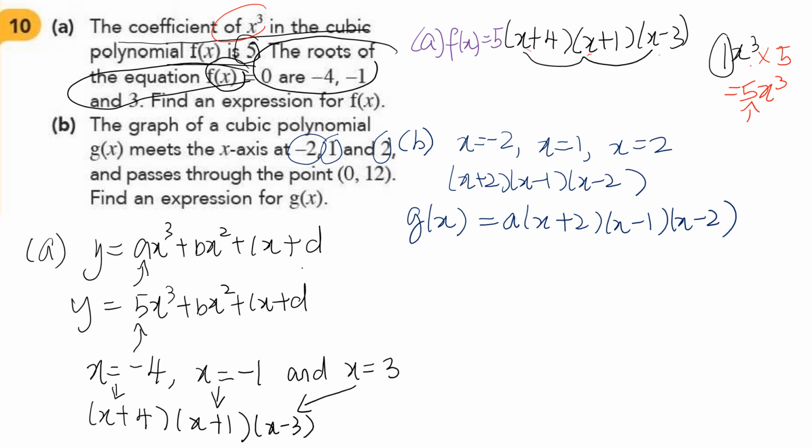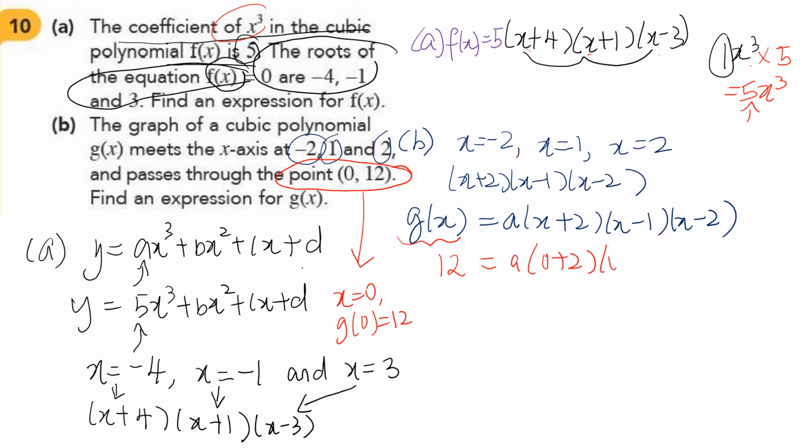So then how to find a? That's where your second piece of information comes in. You are told that when x equals 0, g(0) is 12. So basically your y-intercept is 12. Your x is 0, your y-intercept is 12. So basically 12 equals this when x is 0. I really like this kind of question.